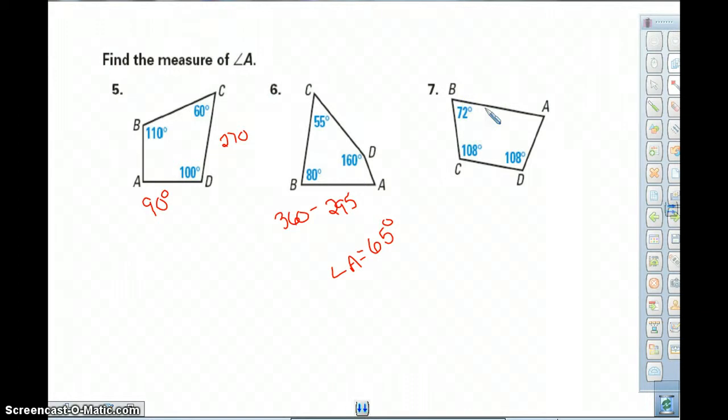Okay, same thing in 7. We've got 108 plus 108 plus 72 gives us 288 degrees. We take 360 minus our 288, and our angle A gives us 72 degrees.